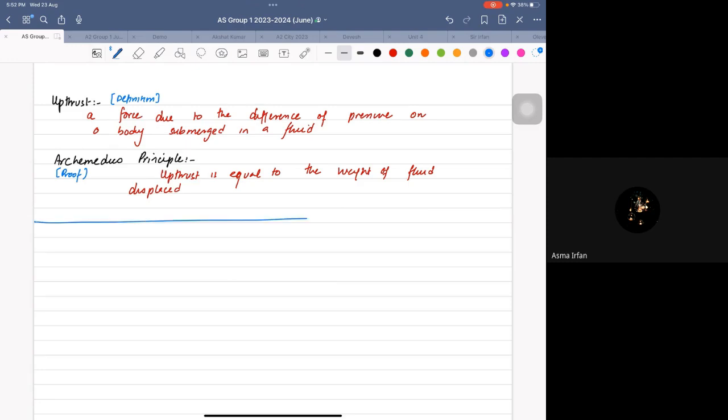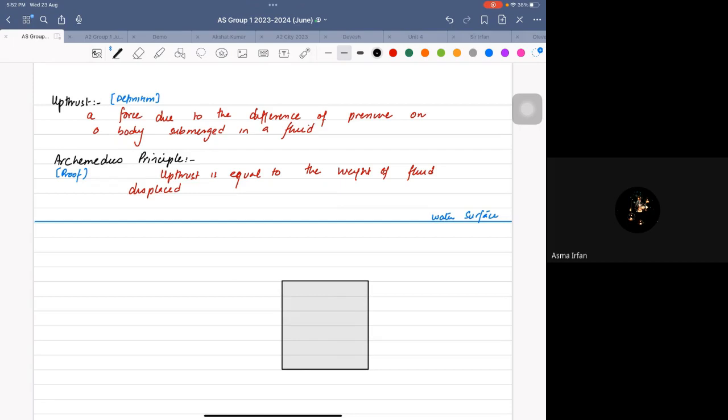So suppose we have a water surface here. We're just taking it as the fluid. Within this surface, we have an object placed inside like that, completely submerged.